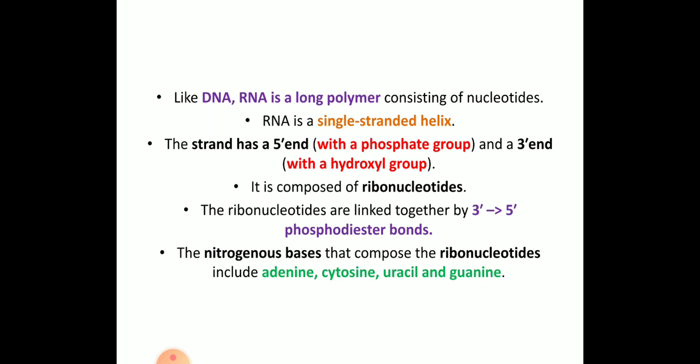The nucleosides and nucleotides are arranged with ribose sugar, hence they are called ribonucleotides. These ribonucleotides are linked from 3' to 5' by phosphodiester linkages, which are very important for giving the structure.